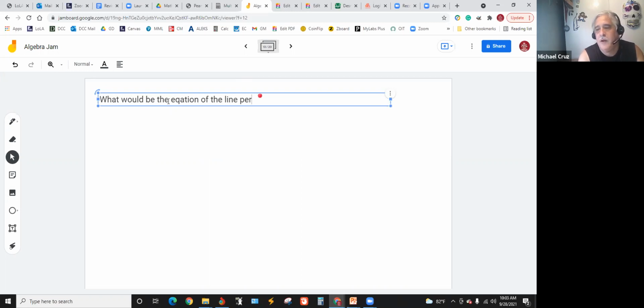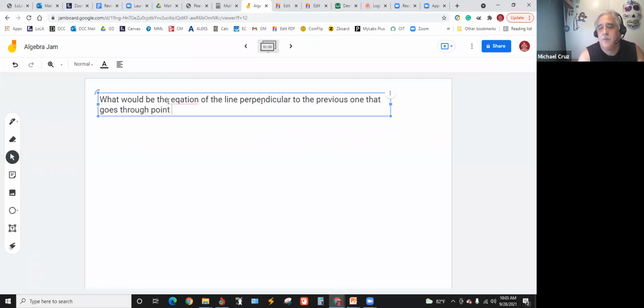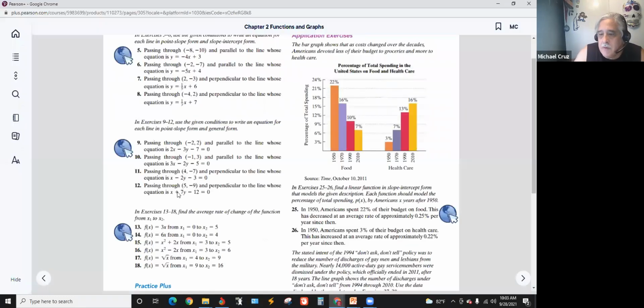Now, perpendicular. And what was the point? 5, negative 5, now we can do 9.